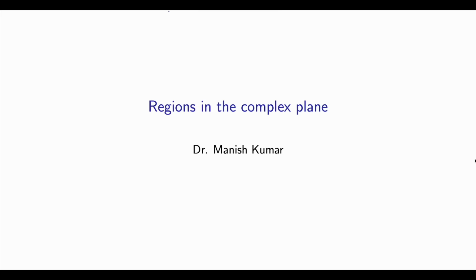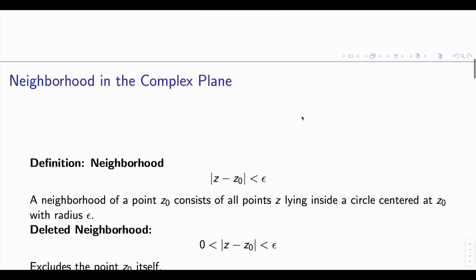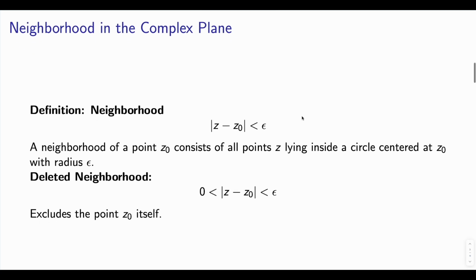So today we are going to discuss regions in the complex plane. First of all, we define what a neighborhood in the complex plane is. Definition: a neighborhood is the set of z such that modulus of z minus z naught is less than epsilon.